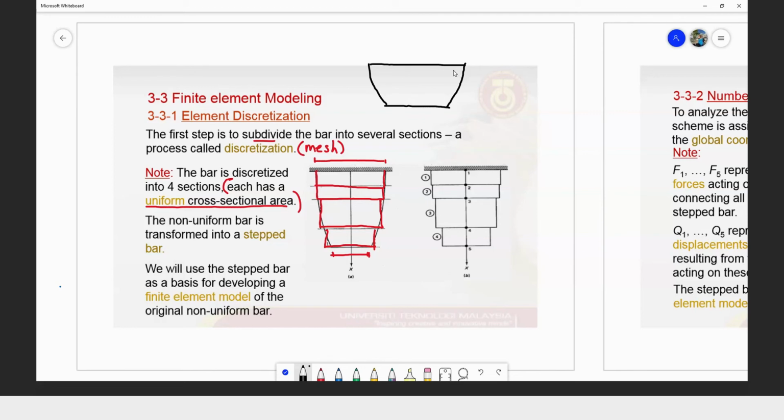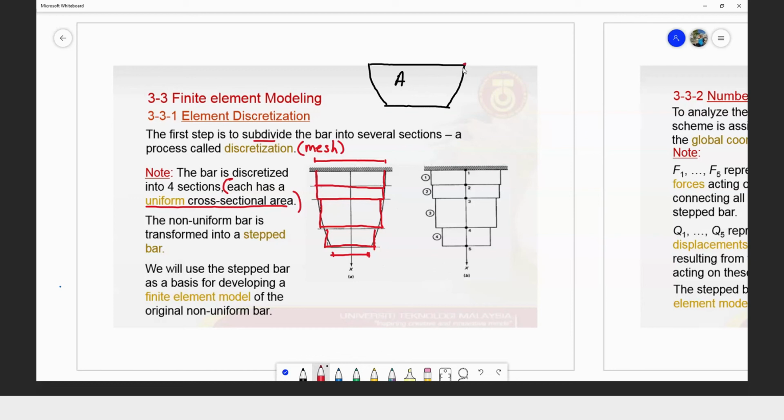Sebagai contoh, this is my structure, which is kita ada area dia, kan? Dia ada area dia ni. Okay, area. Saya tulis dengan yang hitam lah untuk original physical geometry. So kalau saya nak diskretaskan dia kepada bar ataupun section with uniform cross section, so it can be something like this.